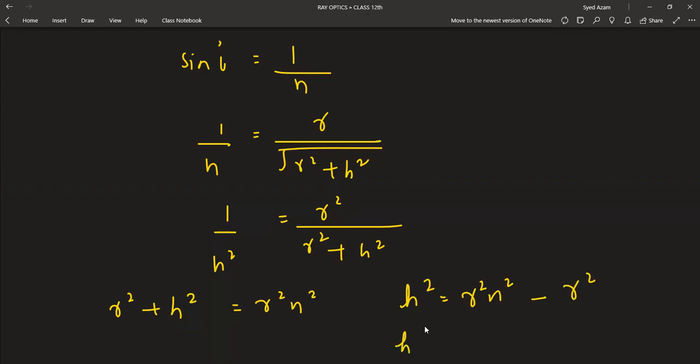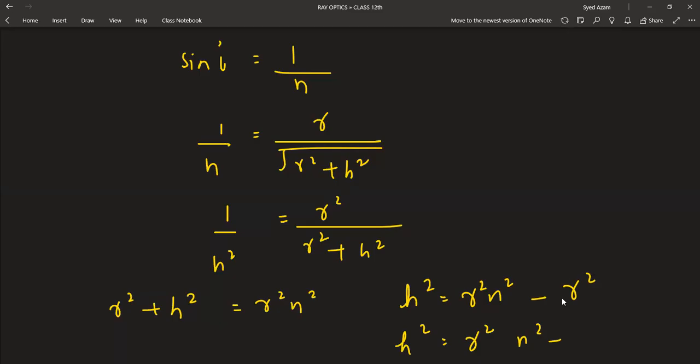We can take common r square. Now answer what will be left if I take r square common from this. Take r square away from this. What will be left here? n square.